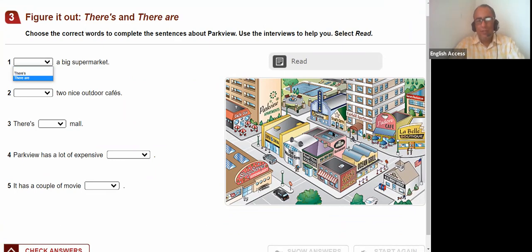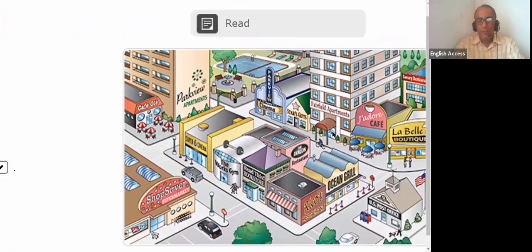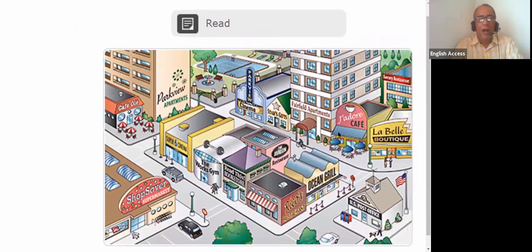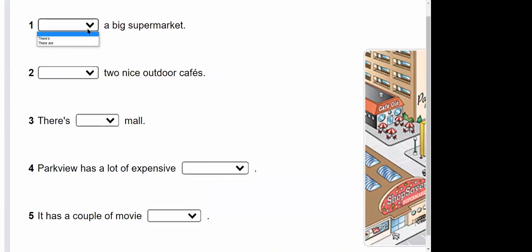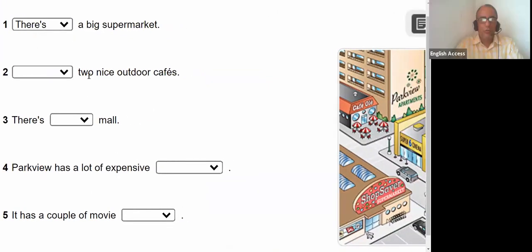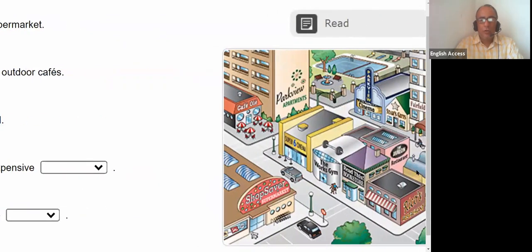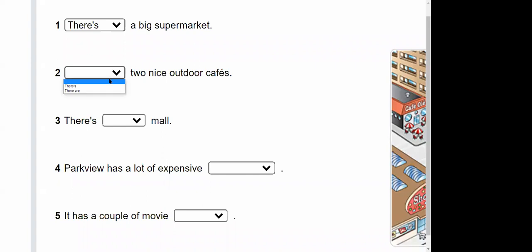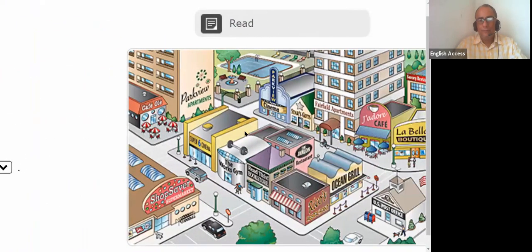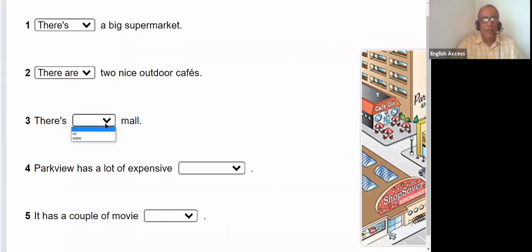Can you see the picture here? There is or there are supermarkets. There is. Okay. Number 2, two nice outdoor cafes. There are. Exactly. Mall. There is.